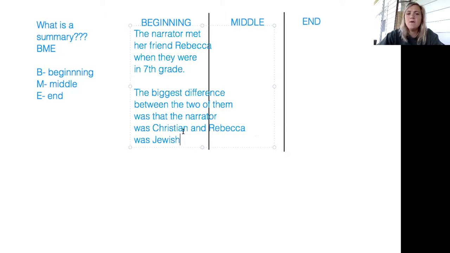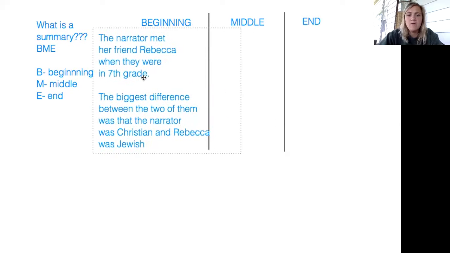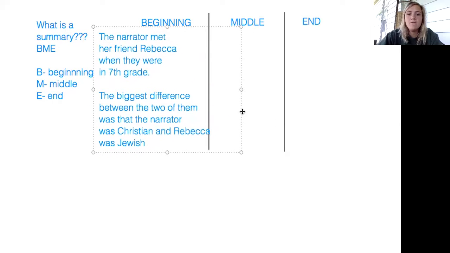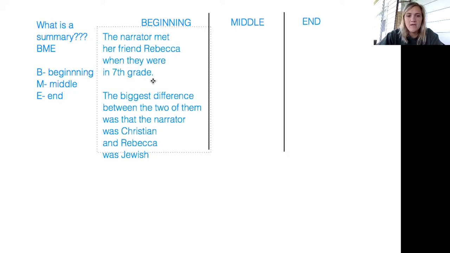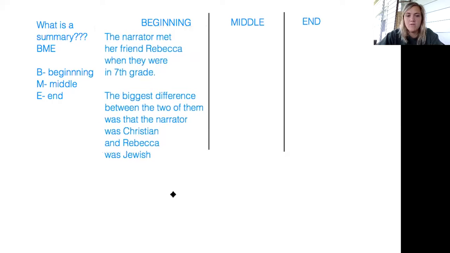All right, so there we go. There is our beginning, or our B right there. The narrator met her friend Rebecca when they were in 7th grade. The biggest difference between the two of them was the narrator was Christian and Rebecca was Jewish.